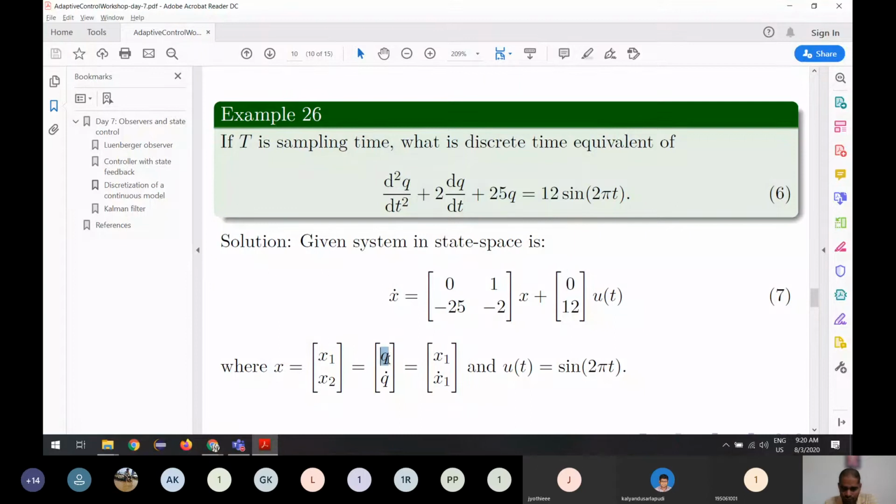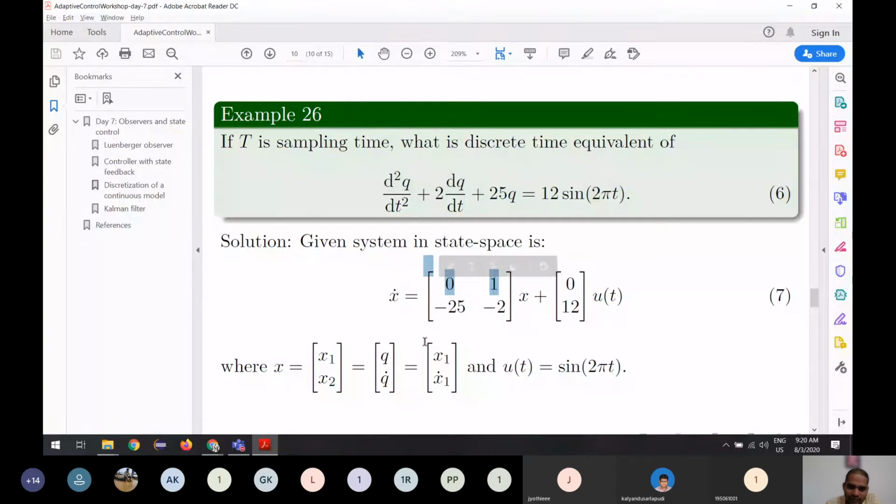It is q dot. And q dot is equal to 0 times q plus 1 times q dot. So the first row is 0, 1. This is the first row.